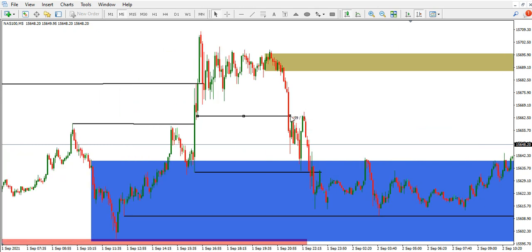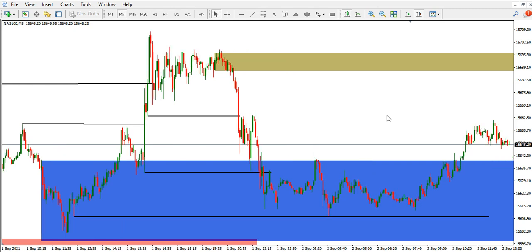Whenever we refine everything down to M5, we can clearly see a break of market structure. At that break of market structure, we always do the same thing over and over again. The point of interest in this break of market structure will be this candle here.